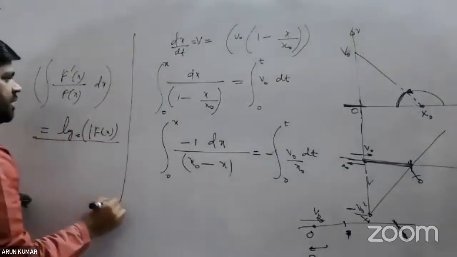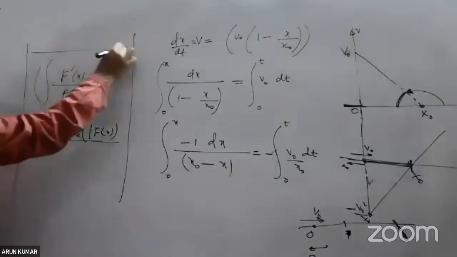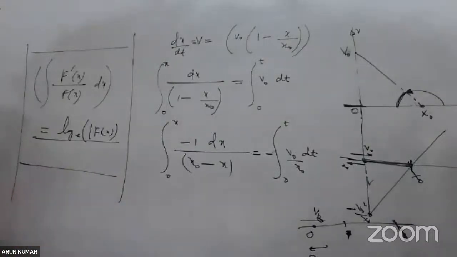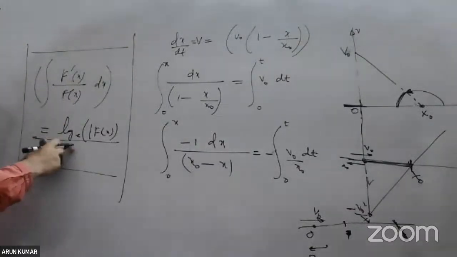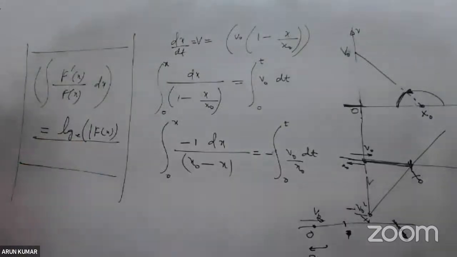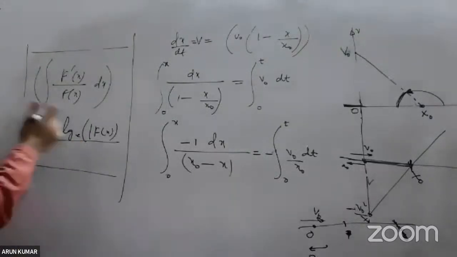Or log to the base e of f of x is this integral. This is the formula which I am using from integration. Don't worry if you don't know this formula. This is a standard formula which we are going to use again and again: integral f dash by f of x dx is log mod f of x.